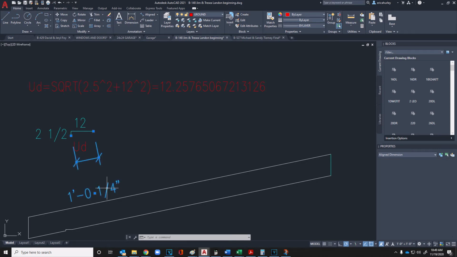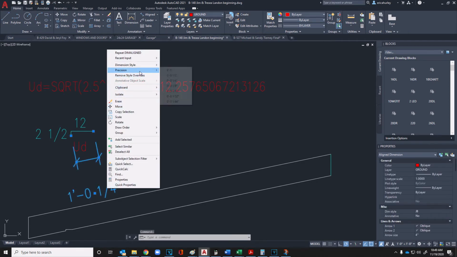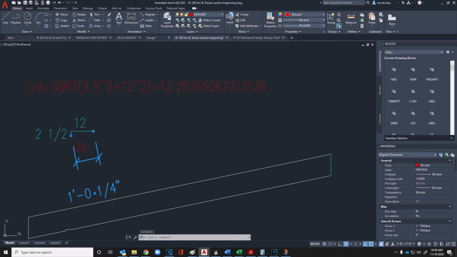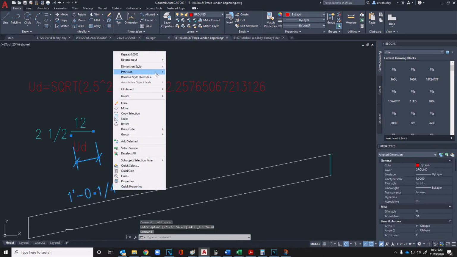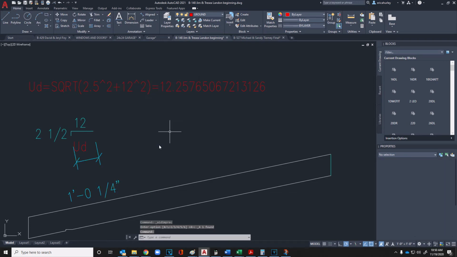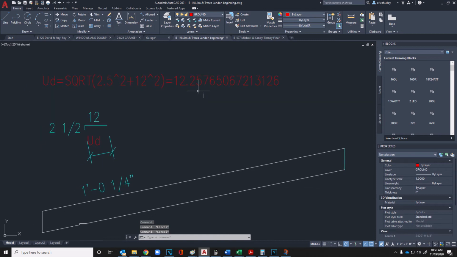Let's figure for our precision on here a little bit more. We'll go down to a 16th, and it didn't change. That's interesting. Let's go down to 64th, and it still didn't change. So obviously the 7650 and so forth down through there is not going to affect the ultimate end result.